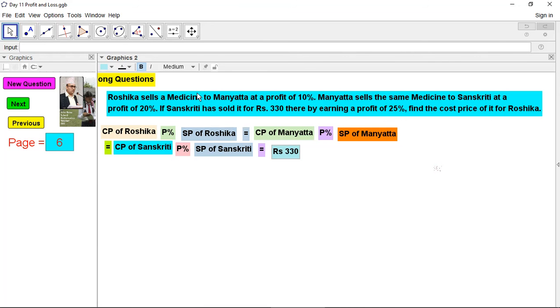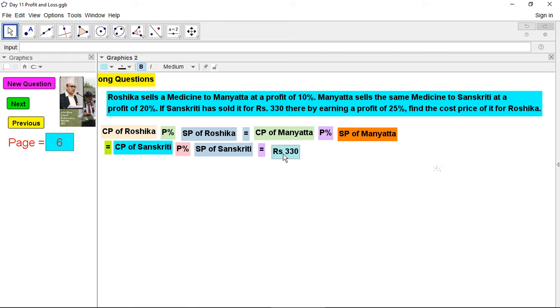Again she adds profit percent and sells to Sanskriti, so selling price of Manyata equals cost price of Sanskriti. Then again profit percent is added and she sells it to someone, and the selling price is 330. Did you get this now? Okay, from the solution also you will be more clear.